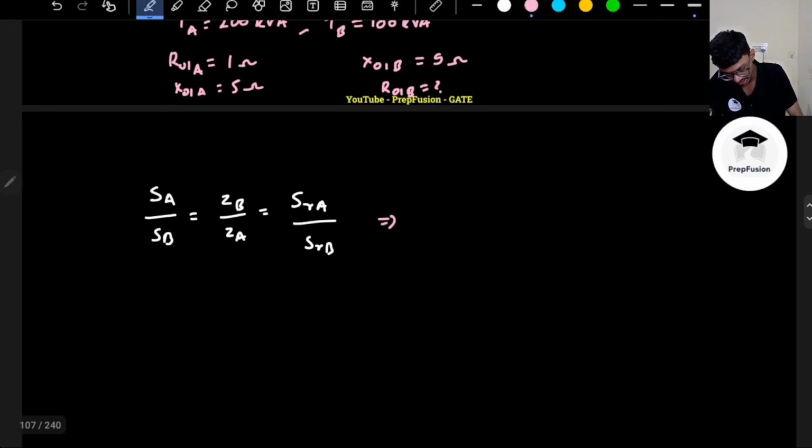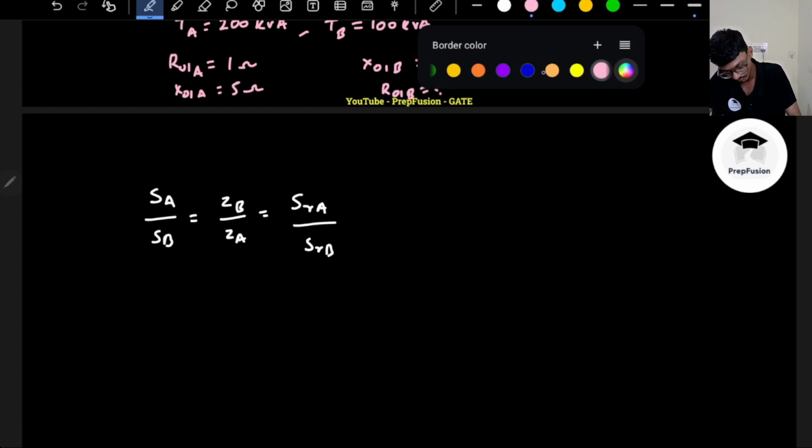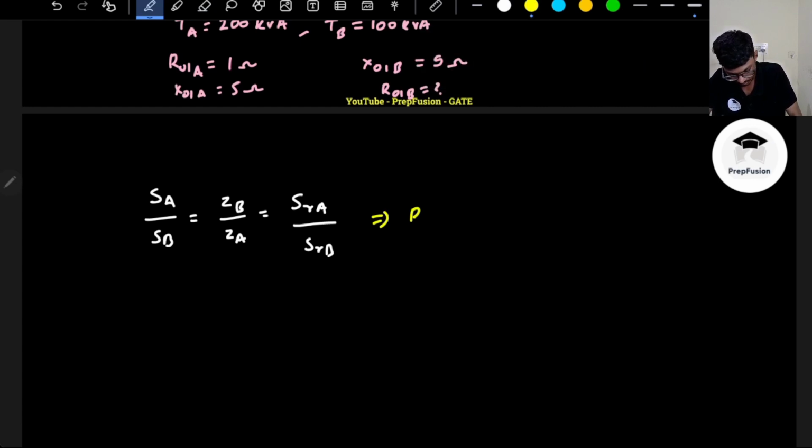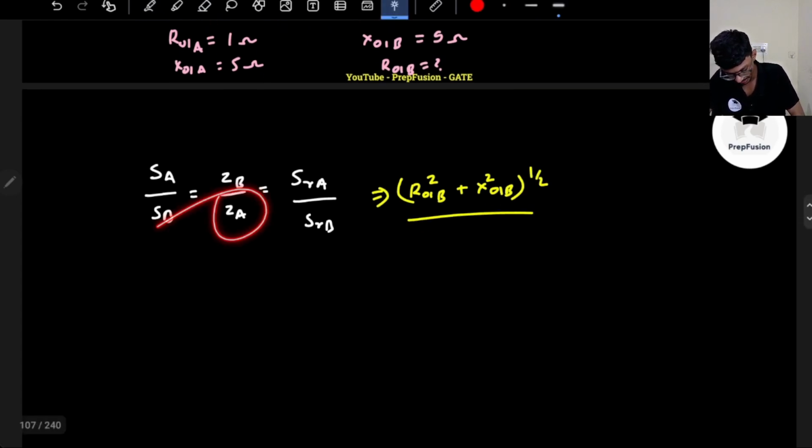What is ZB? ZB is basically under root of RO1B whole square plus XO1B whole square, divided by ZA magnitude. What is ZA magnitude?